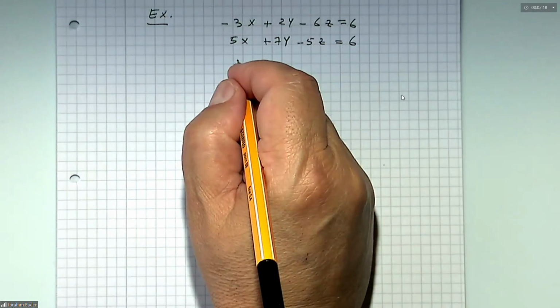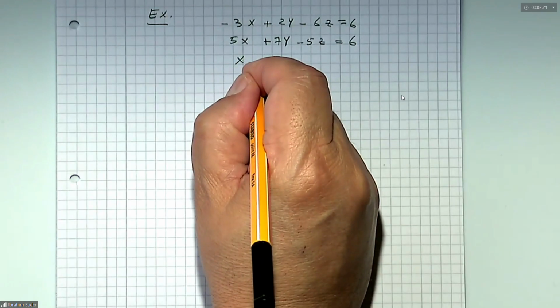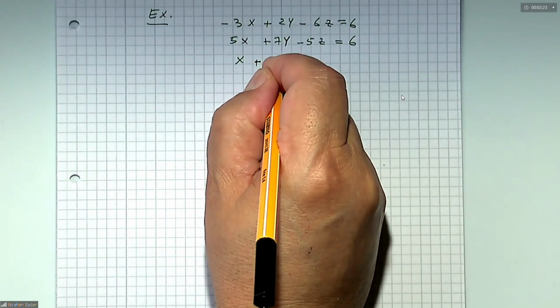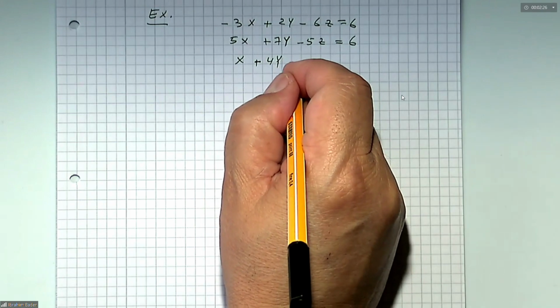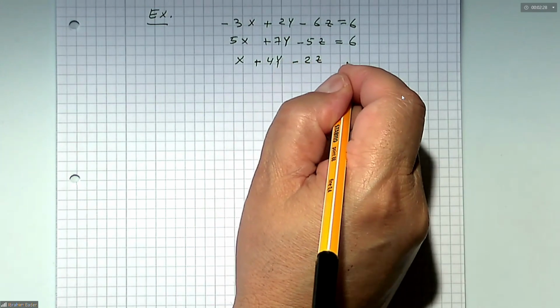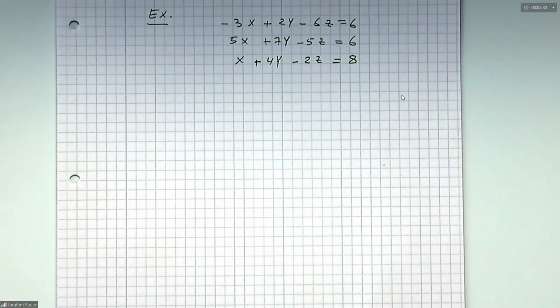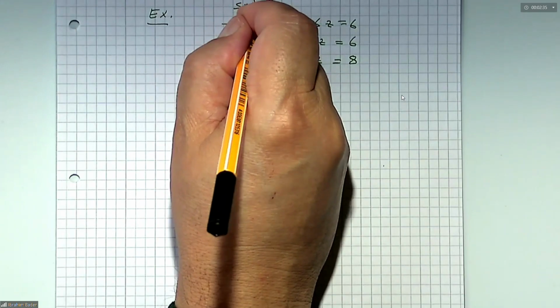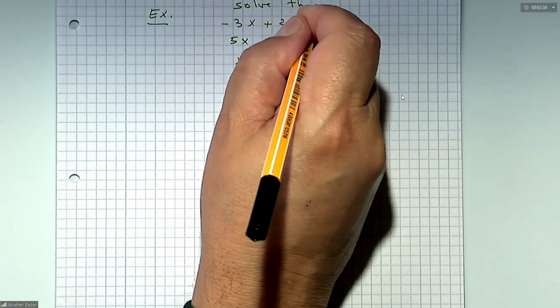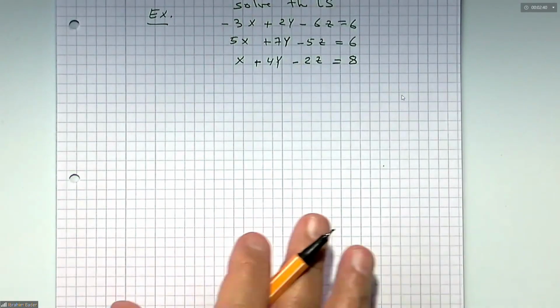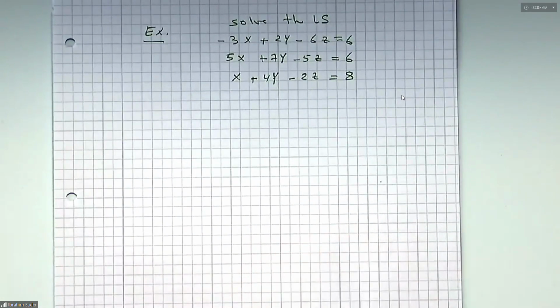And then the last equation is x plus 4y minus 2z is equal to 8. Okay, so of course the task here is telling me solve the linear system. And again, solve means find the values of x, y, and z that verify this system, or for these values the system is logically true.